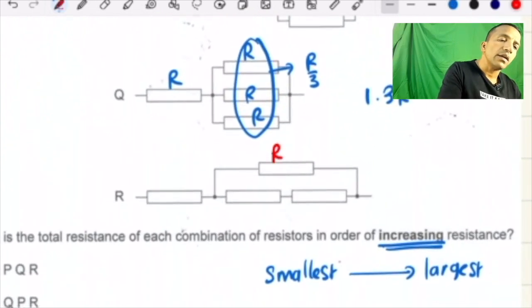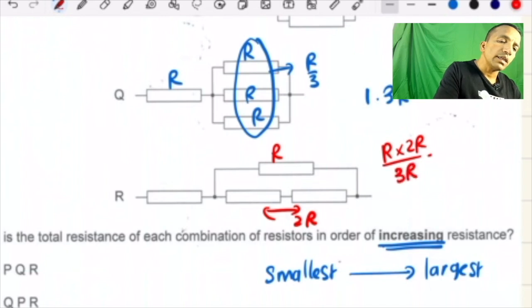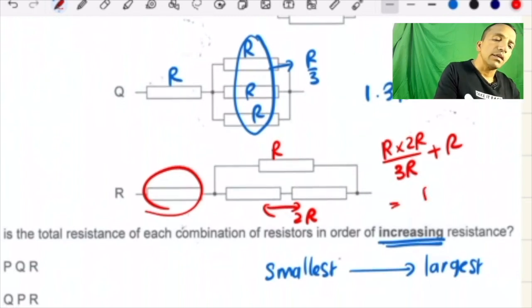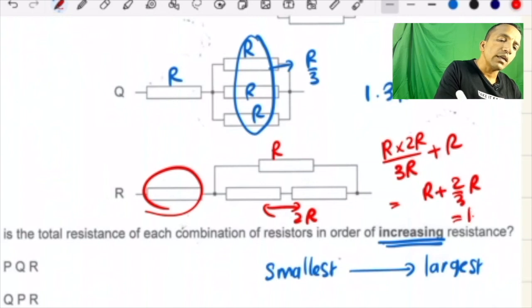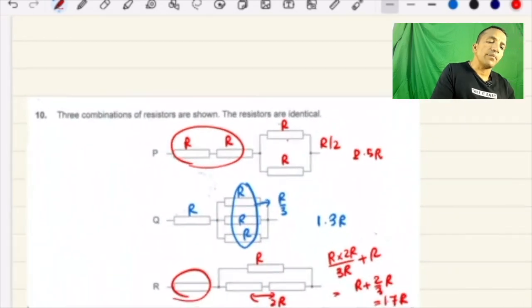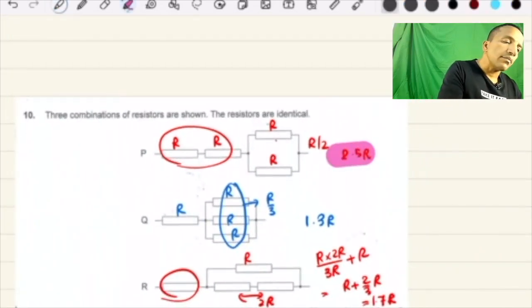The third one, this one is R, this is 2R. So the total resistance is R times 2R divided by 3R, right? Plus R, because there's another one in series. So if you look at this one, R plus 2/3R, or in other words, you can say this is 1.7R roughly. So in that case, I can compare these three answers.